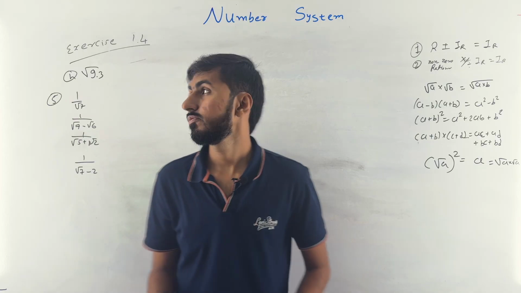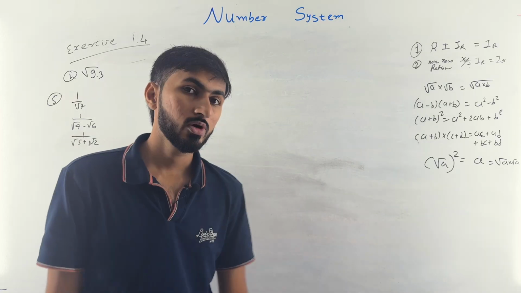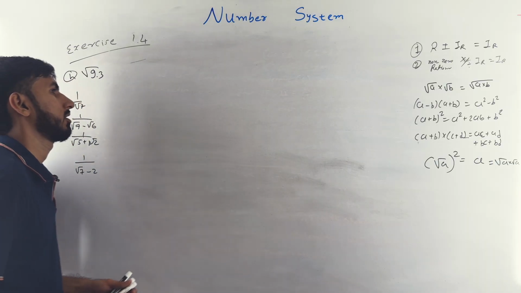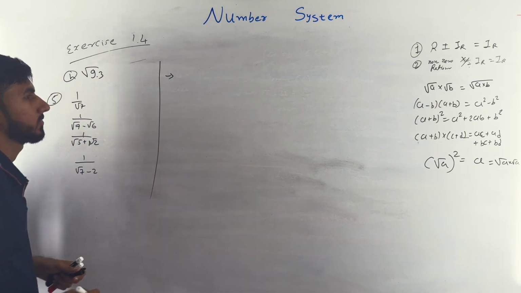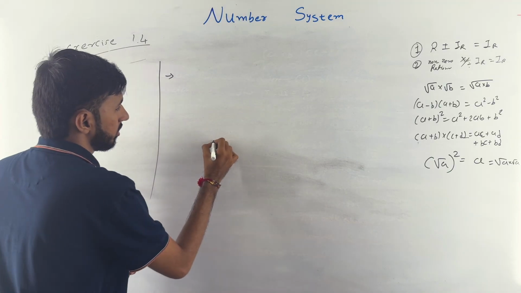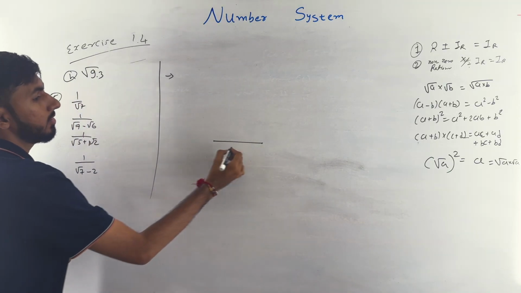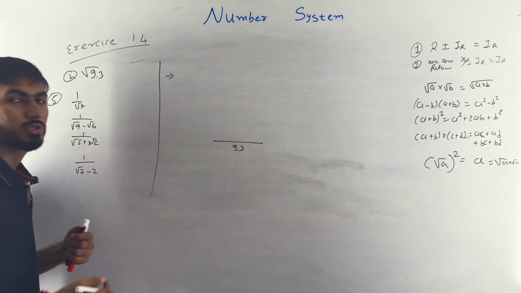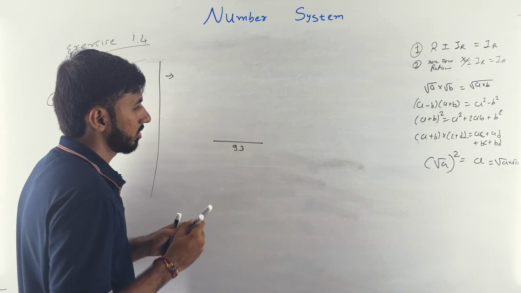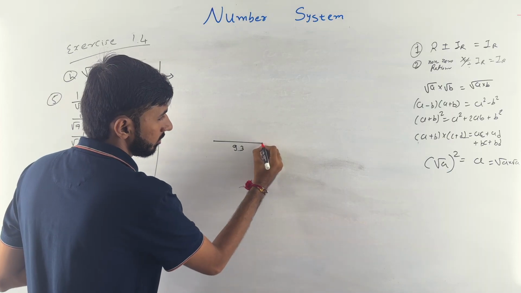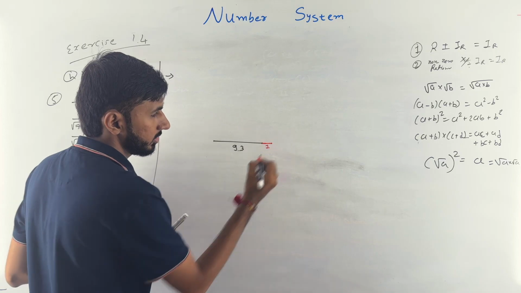Now here we have our fourth question, that is, we have to represent square root of 9.3 on the number line. We have already learned a method in the previous class. So what we will do is draw a line segment of length 9.3 with a scale. Now we will extend it by exactly 1 unit from this.